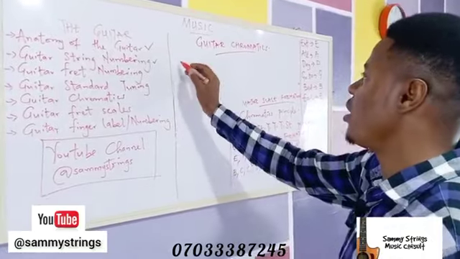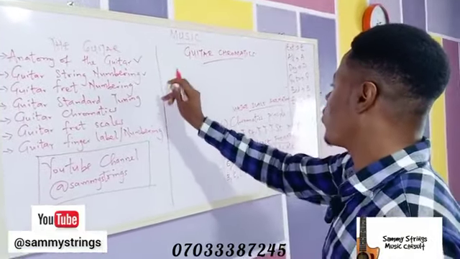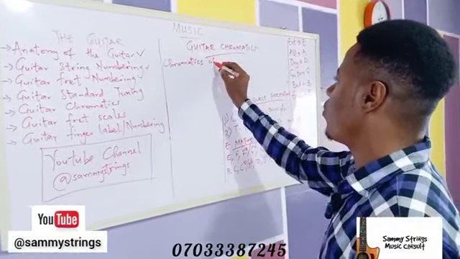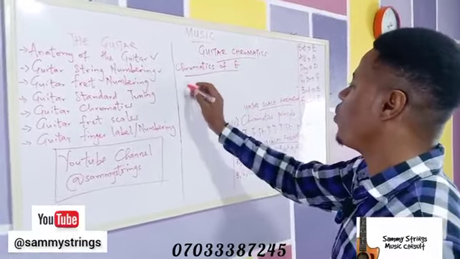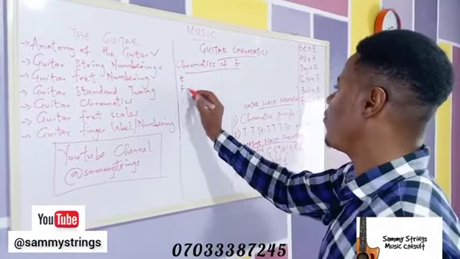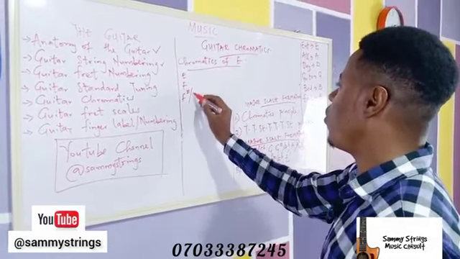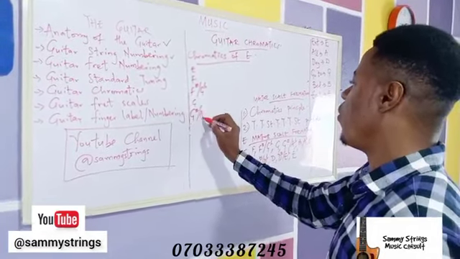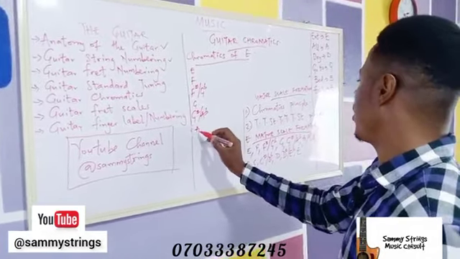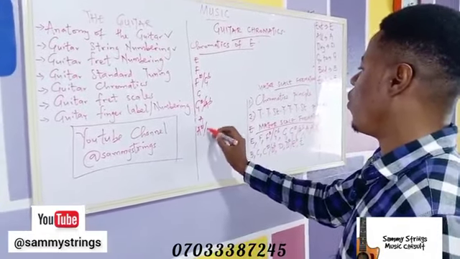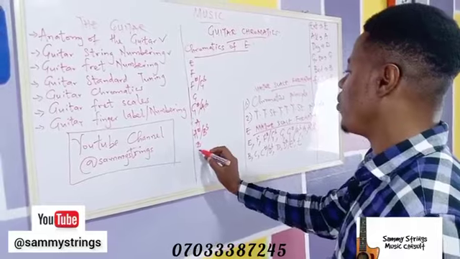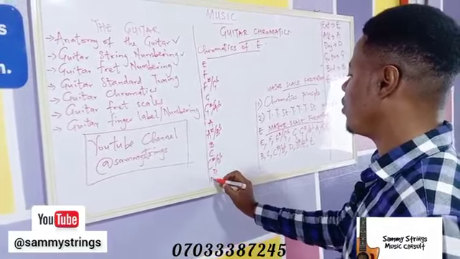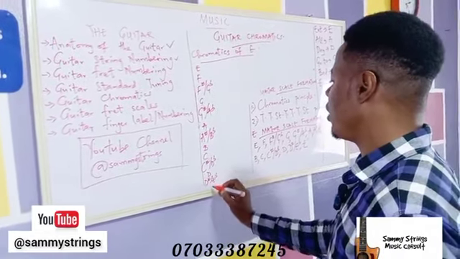So the chromatics of E will now be E, F, we have F sharp or G flat, we have G, we have G sharp or A flat, we have A, we have A sharp or B flat, we have B, we have C, we have C sharp or D flat, we have D, we have D sharp or E flat, and lastly we have the E that forms a higher octave.